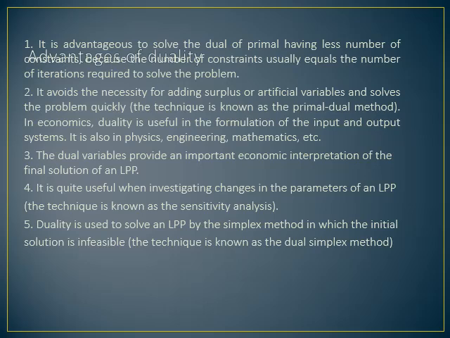Advantages of duality. It is advantageous to solve the dual of a primal having fewer constraints, because the number of constraints usually equals the number of iterations required to solve the problem.